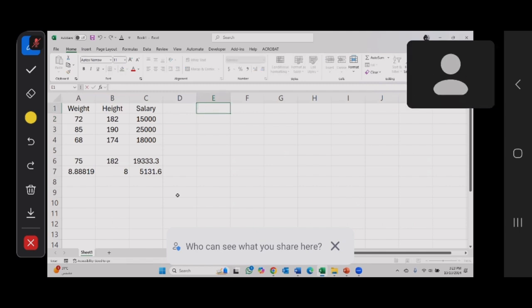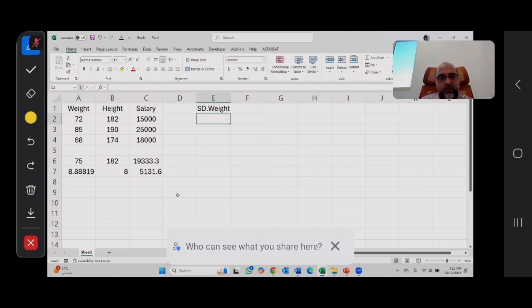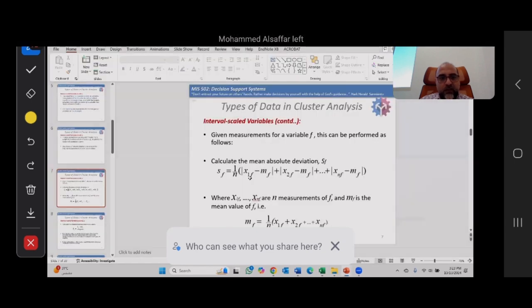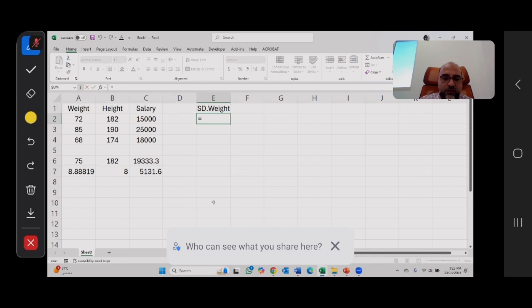I forgot. Okay, I'm going to show you once. Standard deviation of the weight. Let's see how this thing is taken. What you do is you take the absolute difference between the variable and its mean.